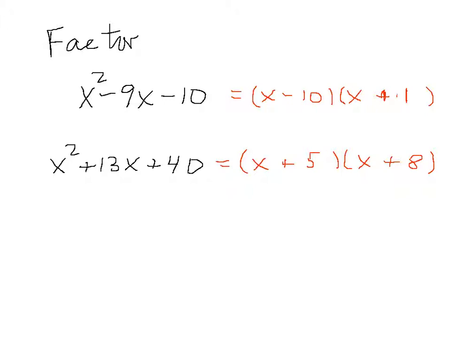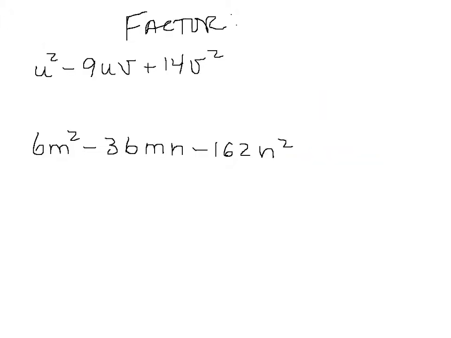Okay, let's look at a few more examples. Let's look at these two problems. The first one looks a little more complicated, but really it's the same idea. We just want to use parentheses. To get u squared, it's going to be u and u. And now I've got to think again. I want a plus 14v squared, and the middle term is going to be a minus, so immediately that means these both have to be minus.